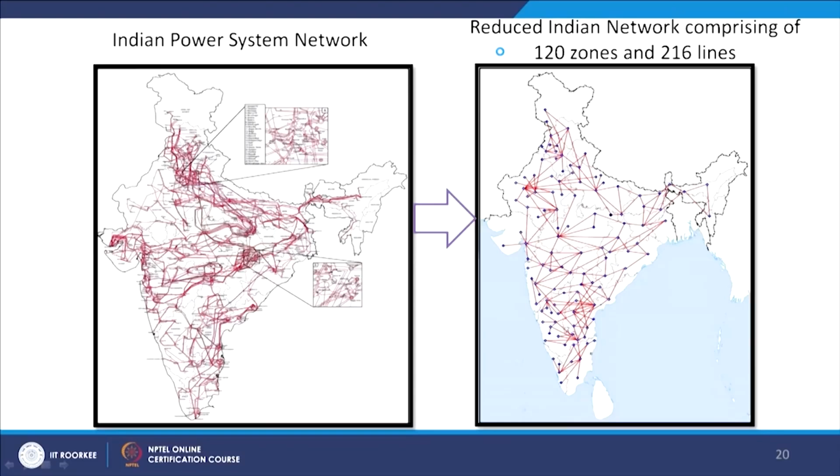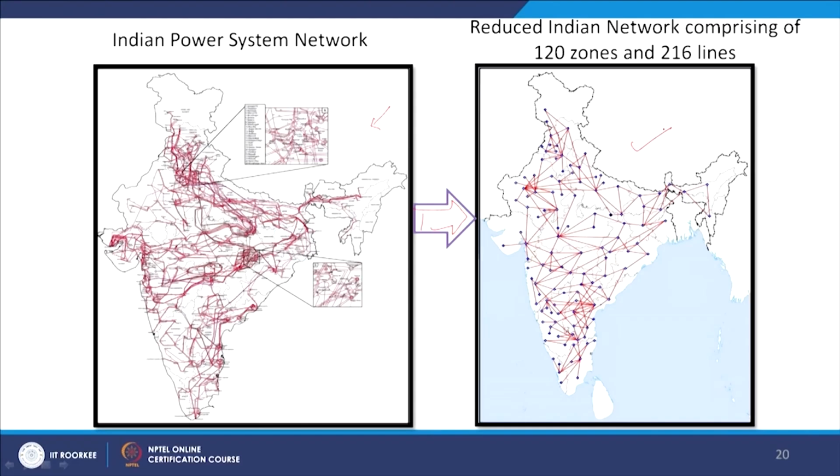Now, this is how my network looks. This is the original all India network, which had approximately 6,000 buses, and through rigorous simulation it has been reduced to a network of 120 nodes with 216 lines.